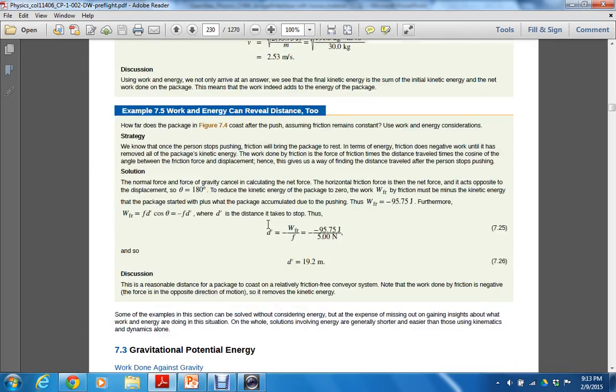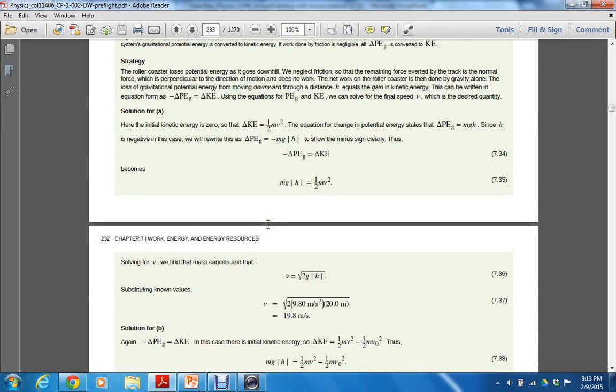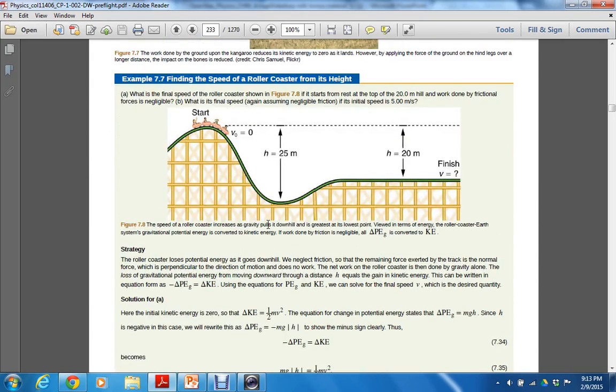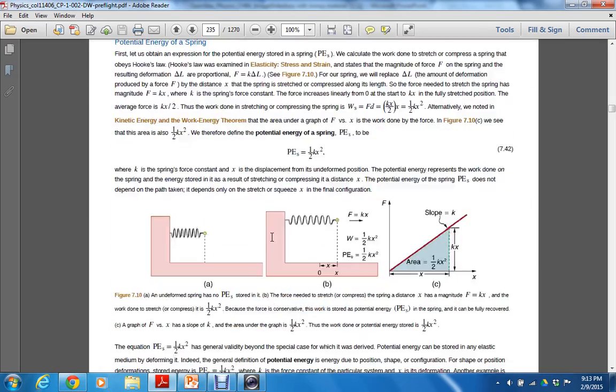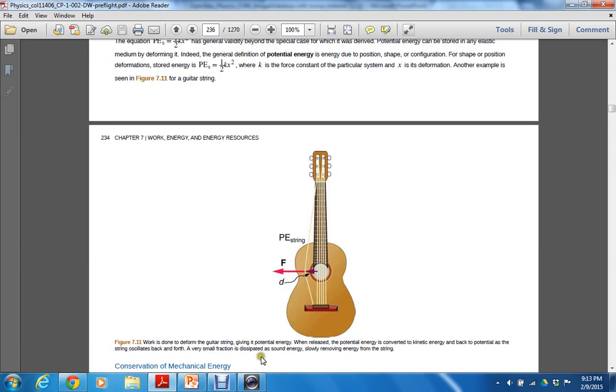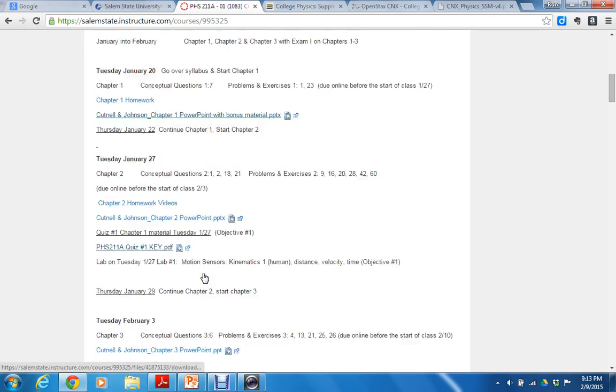If I'm lucky, there will be a hyperlink to something else in here, but I'm not going to find it right now. But there's all sorts of things you can do with the textbook, and it's free, so that can't be all bad. So back to the Canvas page.